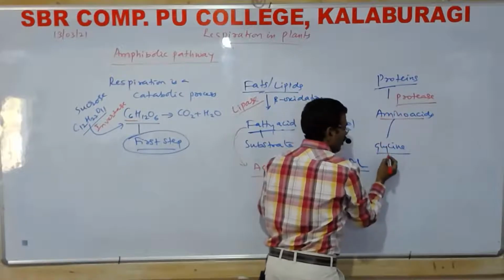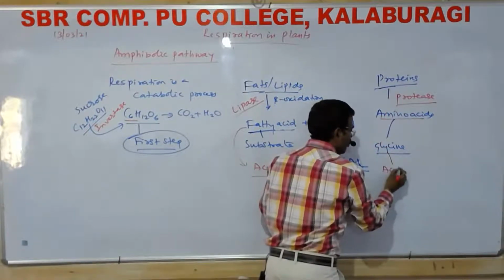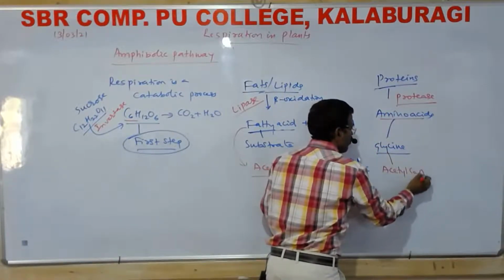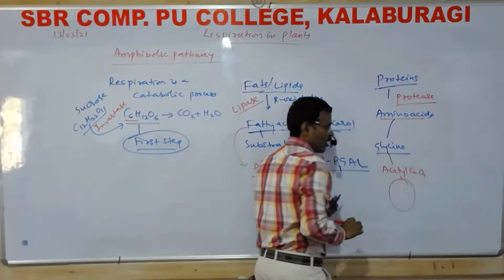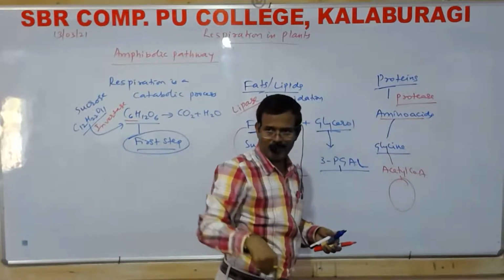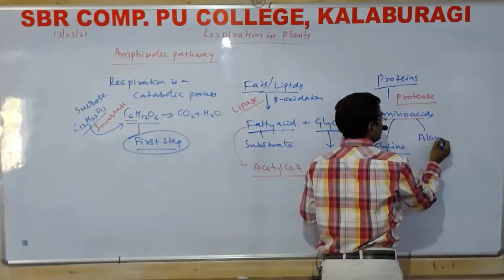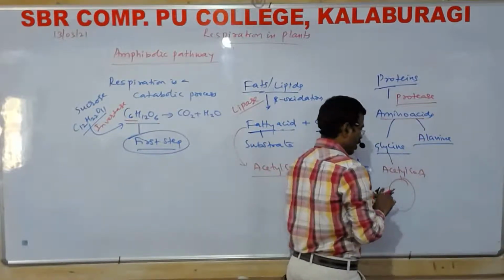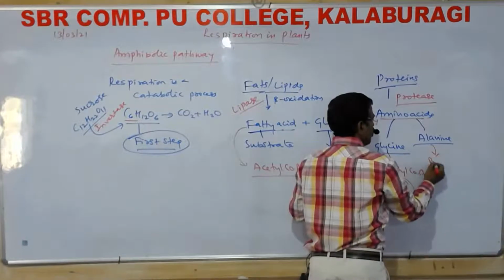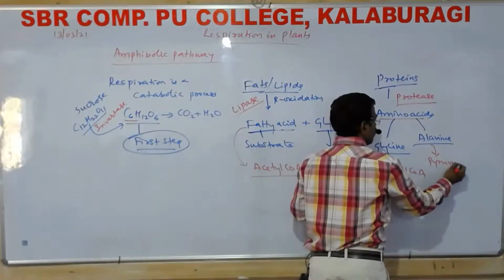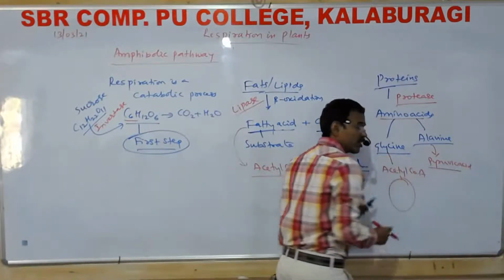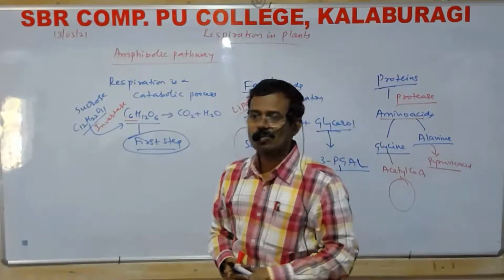Say if glycine is produced from protein, this glycine is converted into acetyl coenzyme, then it takes part in the Krebs cycle. Suppose if the amino acid is alanine, it is converted into pyruvic acid. Pyruvic acid is actually the end product of glycolysis.